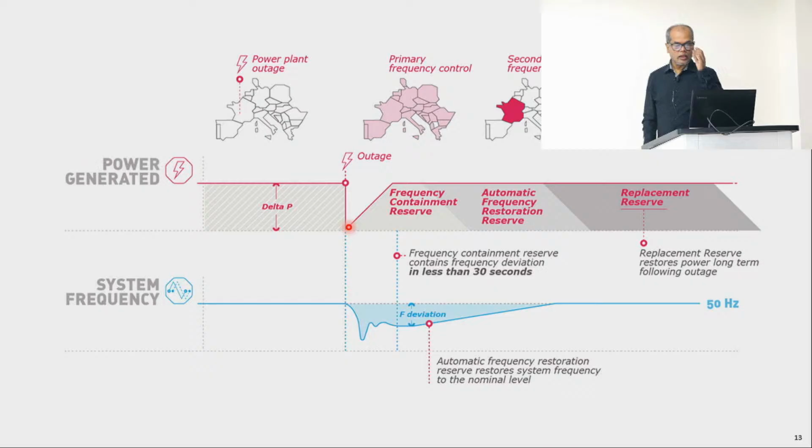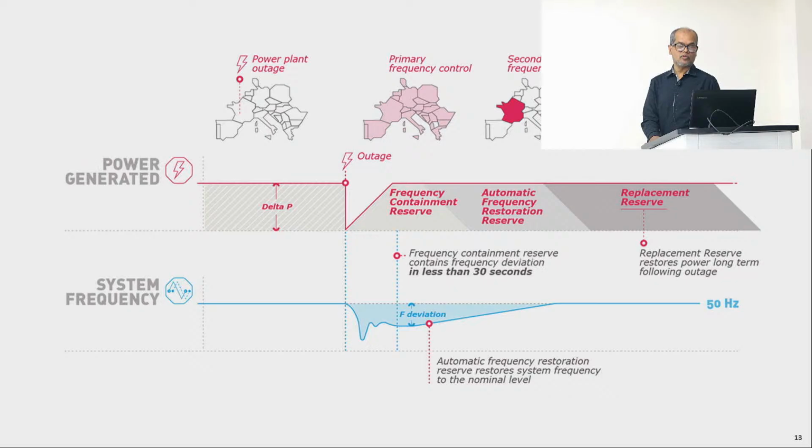So again here you see that initially within a few seconds we take some measure, and then if not, we also have other following services that we apply to make sure the frequency goes back to the previous condition.